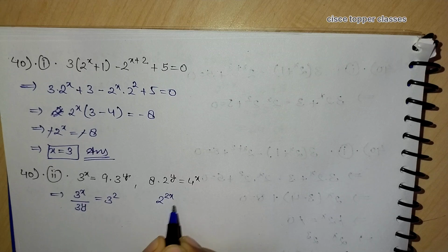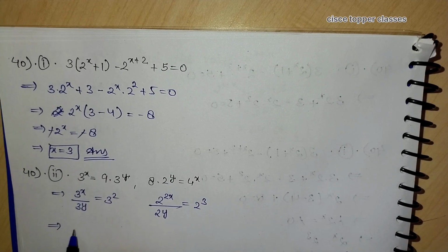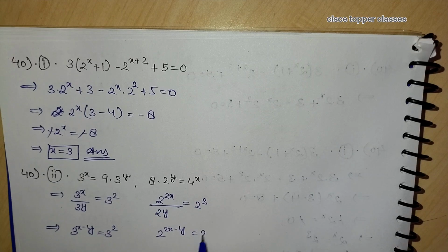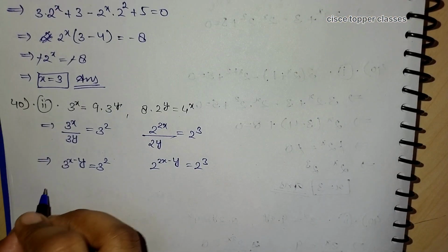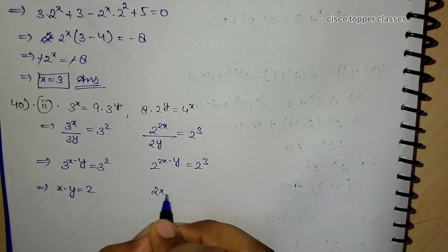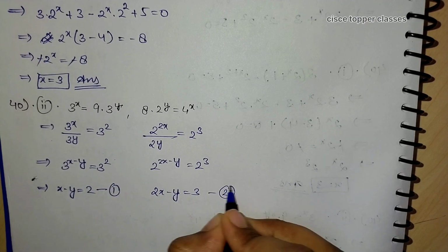So 2 की power 2x divided by 2 की power y equal to 2 की power 3. Simply we can write it as 3 की power x minus y equal to 3 की power 2, and here 2 की power 2x minus y equal to 2 की power 3. So writing it as x minus y equal to 2, 2x minus y equal to 3. Put it as first and second equation.